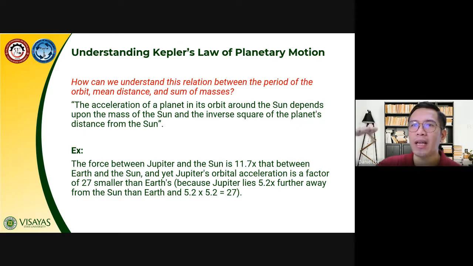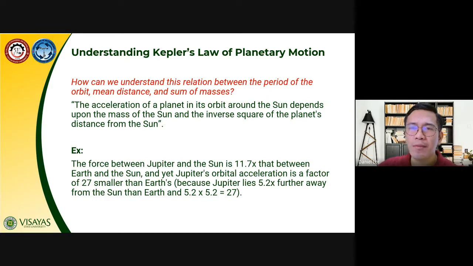So makita nato nga mas magtika layo sila sa sun, mas magtika dako ang ilang orbital period. And mas magtika gamay ang ilang orbital speed. Mas hinay sila mulihok compared sa mga planets nga duol sa sun. No? So, sa solar system, pinakapaspas mo tuyok sa sun, si Mercury, followed by Venus, then followed by the Earth.